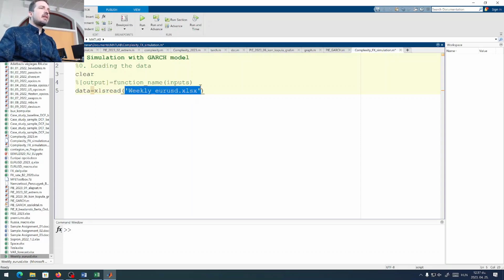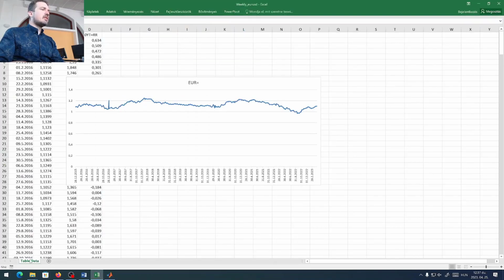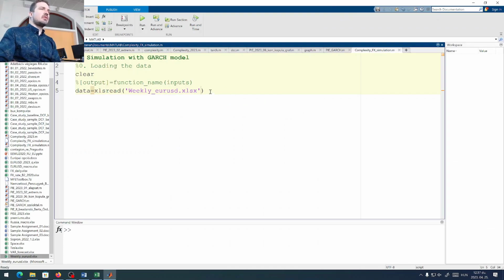If we have to define any text as an input, it's necessary always to put it between these quotation marks with Shift 1, and after that it will be this pink color. It always reads in the first data sheet, so we don't need further implications. And also, if you don't want to print out all the details here, then the semicolon is used here.